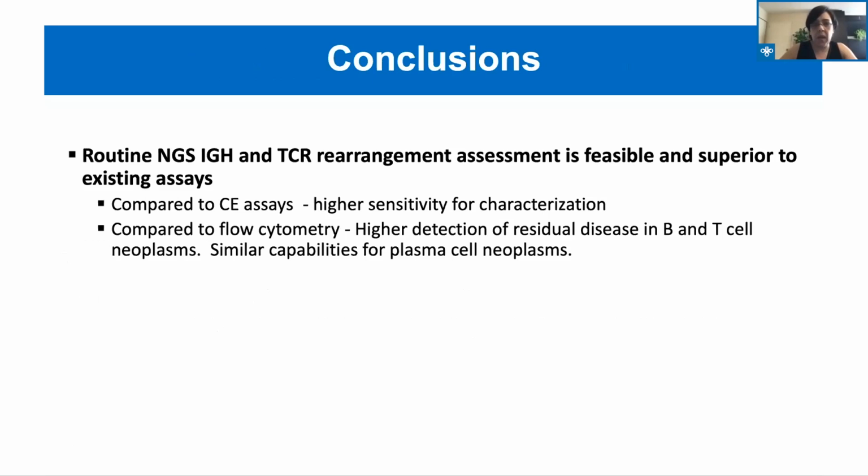So in conclusion, I think that in general, routine IgH and TCR rearrangement assessment for both clonality and for minimal residual disease is very possible and very feasible in any clinical laboratory, provided that the workflows are organized correctly and also that they are validated fully.